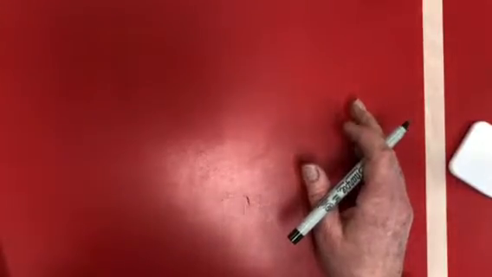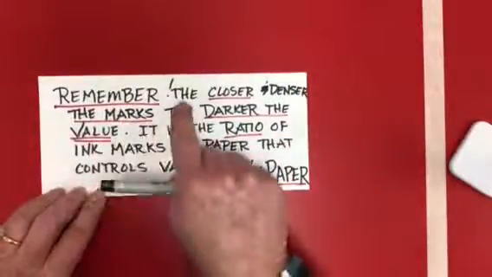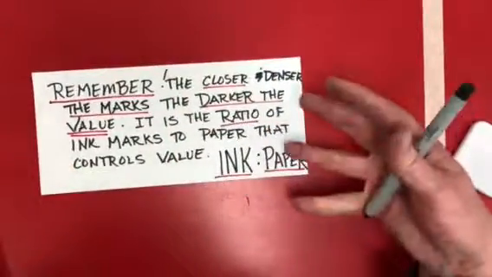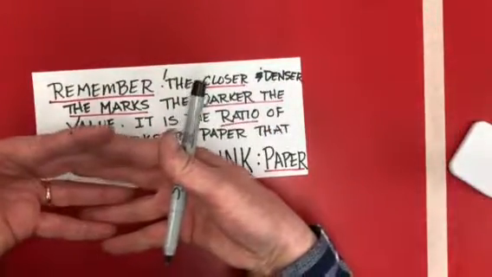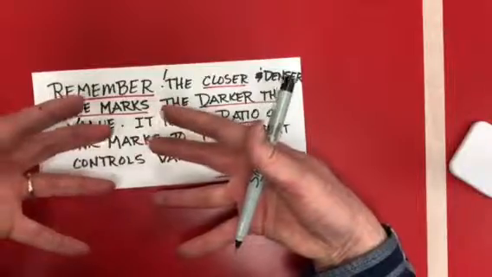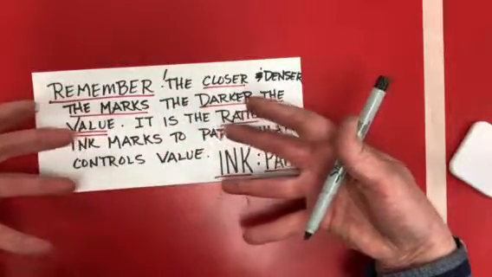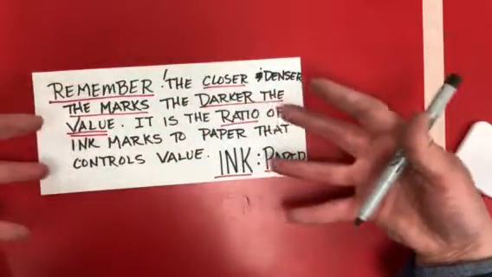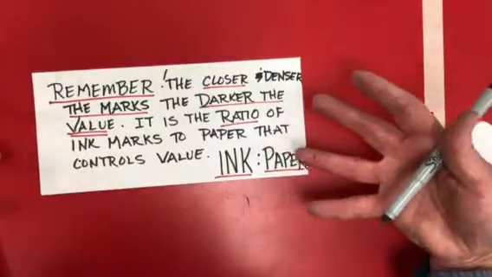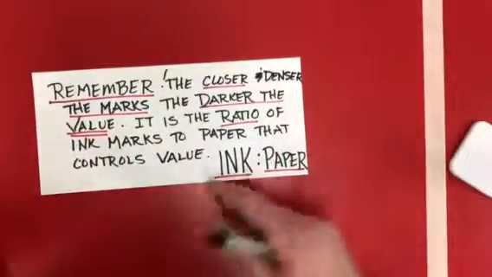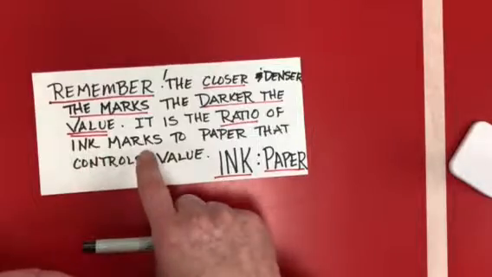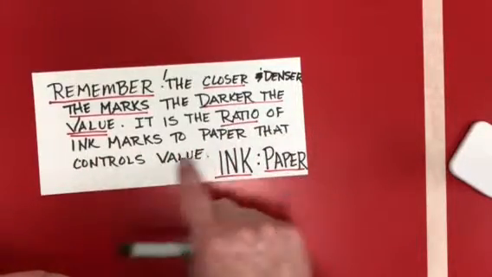So you're going to experiment with different types of mark making today. So remember, the closer the marks or the denser they are, the darker the value. As the space between the marks is bigger, the more space, the more paper there shines, so the lighter the value. So it's the ratio of ink marks to the amount of paper that controls the value.